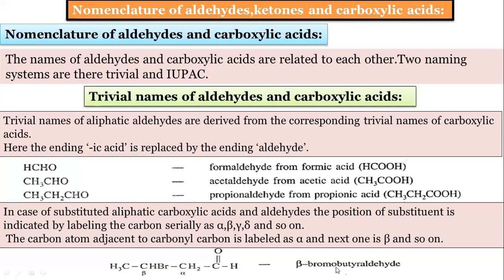So the name is beta bromo butyraldehyde. Why is it beta? Because bromine is attached to the beta carbon. That's why it is beta bromo and butyraldehyde. Why is it butyraldehyde? Because there are 4 carbons: 1, 2, 3, 4. That's why it is butyraldehyde. When 3 carbons are there, it is propionaldehyde. Like this.